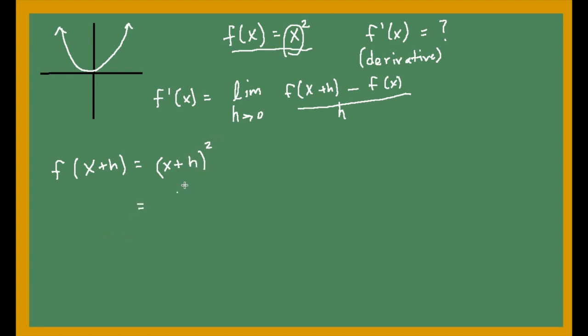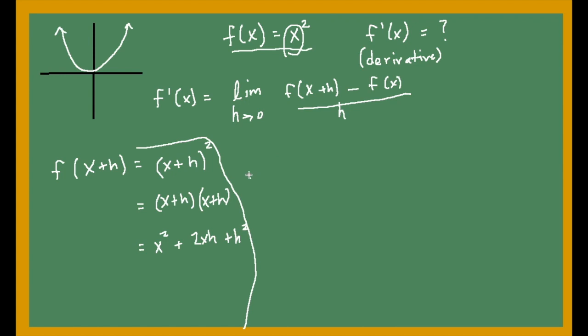In order to evaluate this, we'll write this out. We'll extend it out to x plus h times x plus h. When we FOIL this out, we'll get x squared plus 2xh plus h squared. Now we know what f of x plus h is, so we can continue our problem. Let me make some space over here. So we can now replace some stuff.